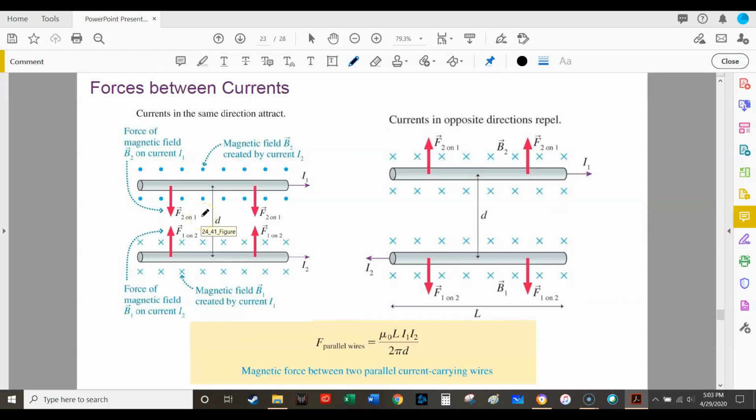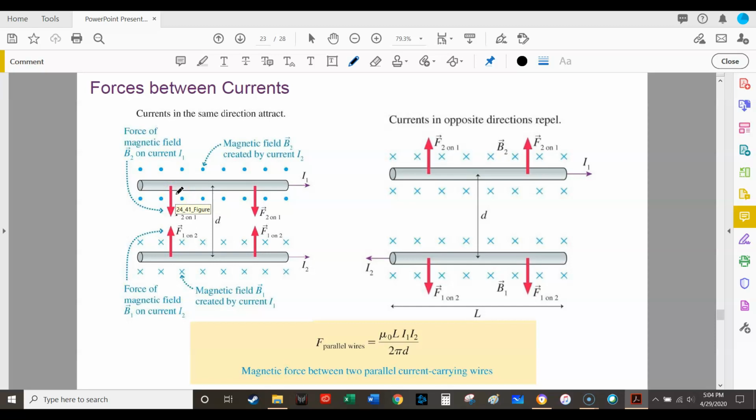Another situation that you have to think about is when you have two interacting wires. You have two wires, right? So this bottom wire is creating a current to the right, and when you do that, this bottom wire is going to be creating a magnetic field out of the page around the top wire. So now the top wire has a current out of the page, so you apply the right hand rule.